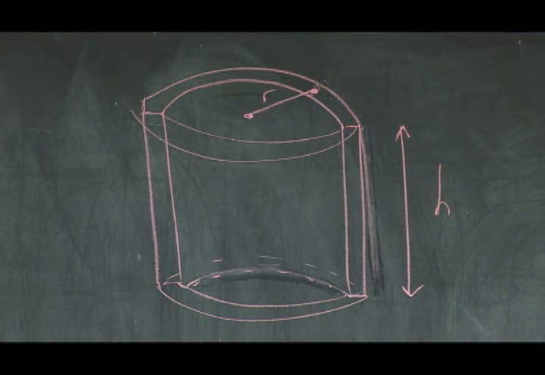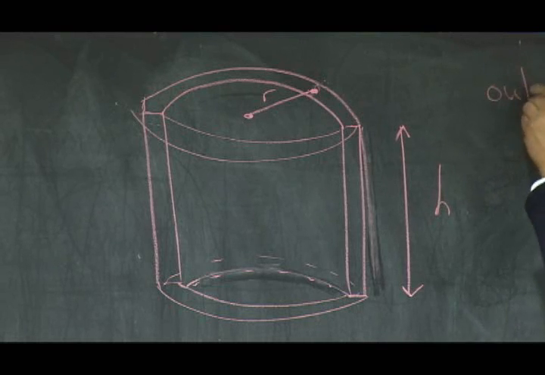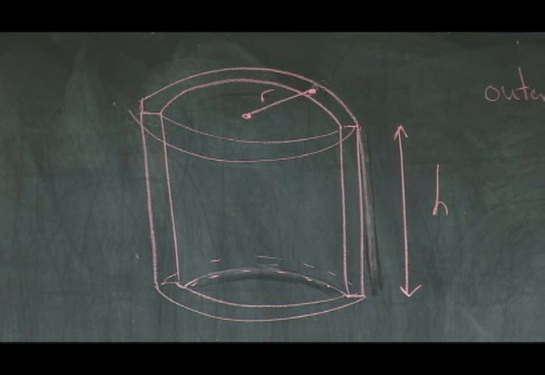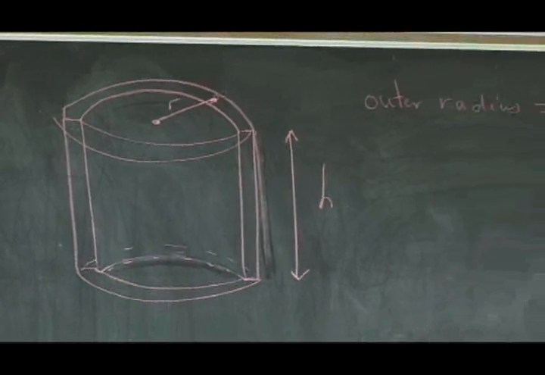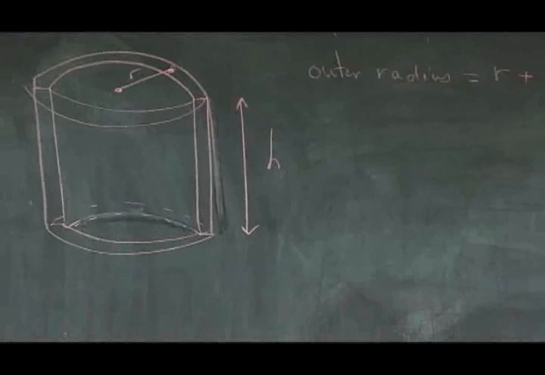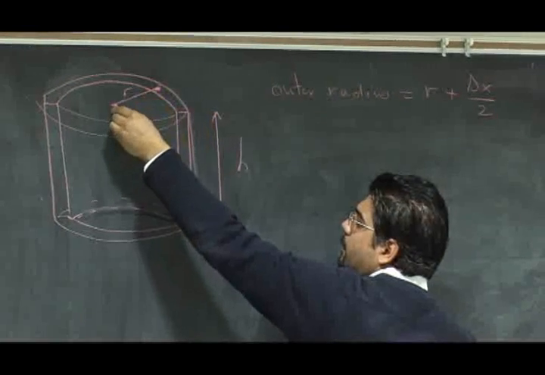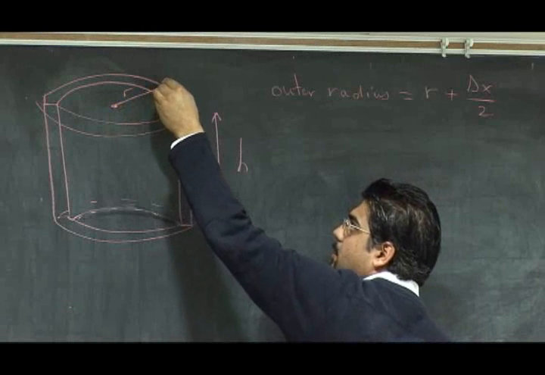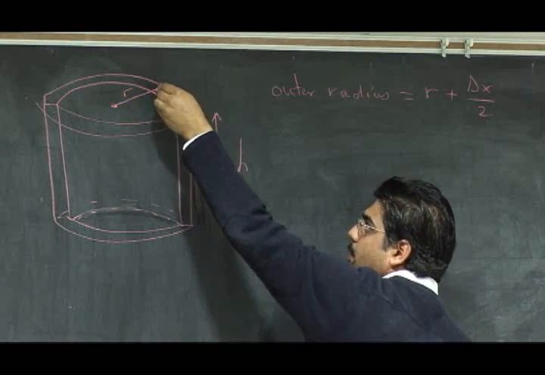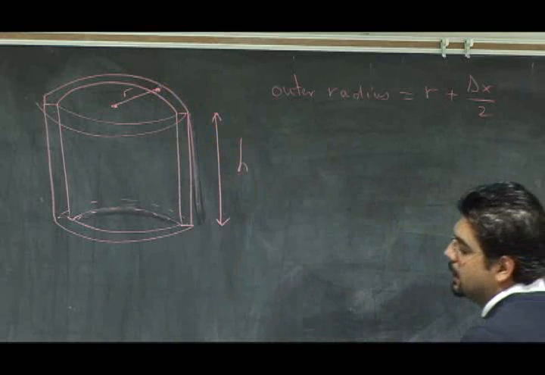Yes? So the outer radius will be little r plus delta x over 2. Right? Because this thickness is delta x. But if you're going from the center to the middle of that, then to go just this leftover place, that would be delta x over 2.